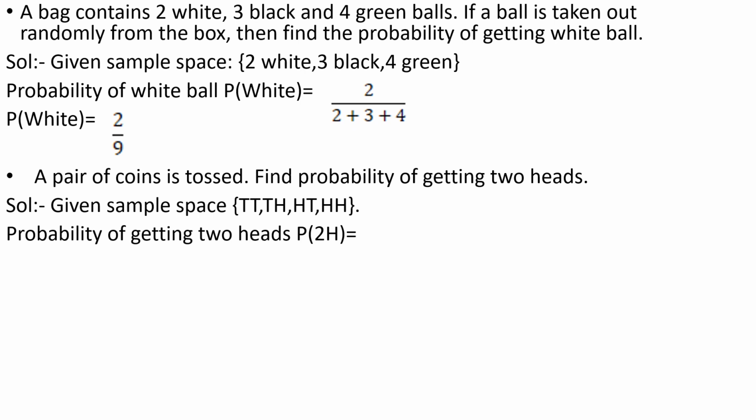So if you see from the sample space, we have only one time when both the coins will get heads. So the favorable outcome will be only once, and the sample space is 4. So the probability of getting both heads when you are tossing 2 coins will be 1 by 4.